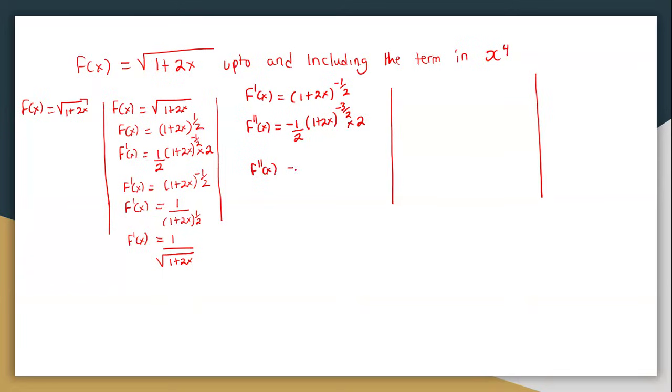So we remain with negative 1 into brackets 1 plus 2x power negative 3 over 2, which we can simplify to negative 1 over 1 plus 2x power 3 over 2, or further, negative 1 over root of 1 plus 2x in brackets, power cubed.